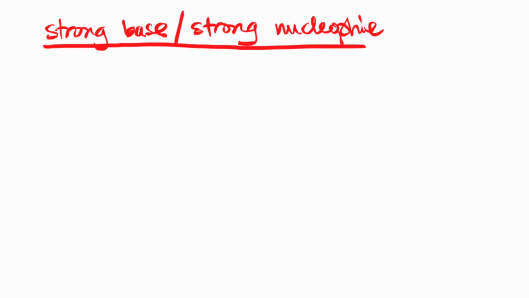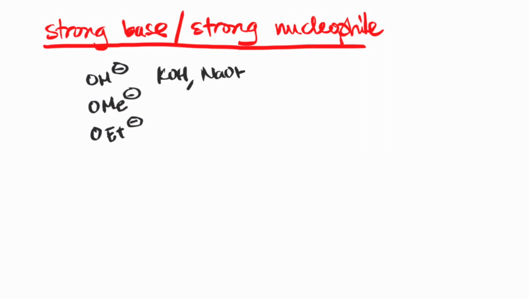All right, now let's talk about the strong base and strong nucleophile examples. And as I have mentioned, we have already seen these examples. The first is the hydroxide, and then there are the alkoxides, namely methoxide and ethoxide. Of course, you can have any counterion when you write the reagent. For example, you can have KOH, NaOH.